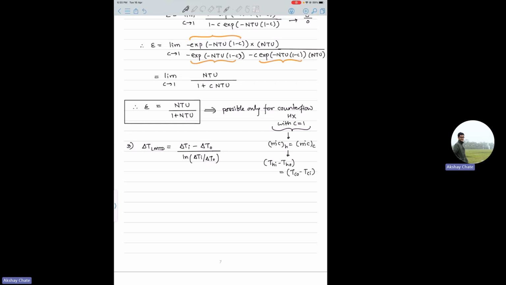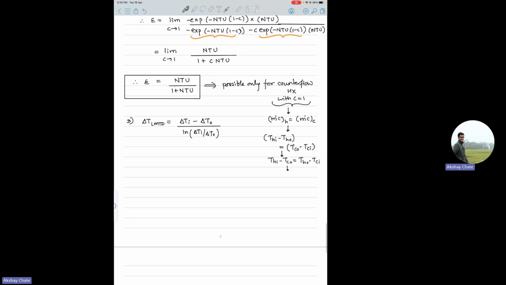So from there you get this. And if you rearrange the terms, it means THI minus TCO is equal to THO minus TCI. And this THI minus TCO is nothing but your delta T at inlet, and THO minus TCI is delta T at outlet.